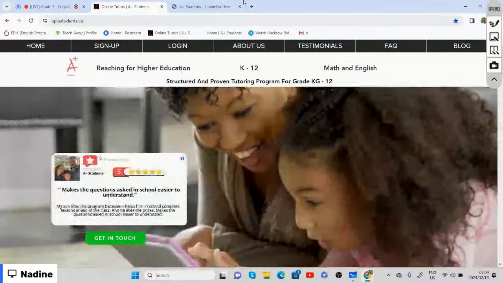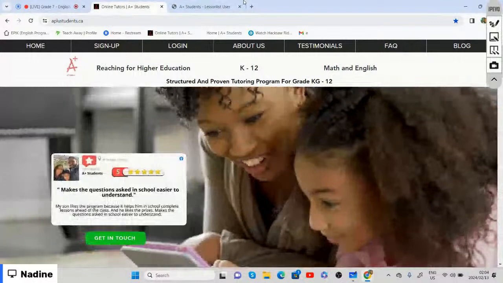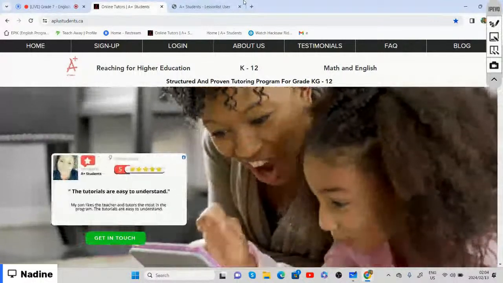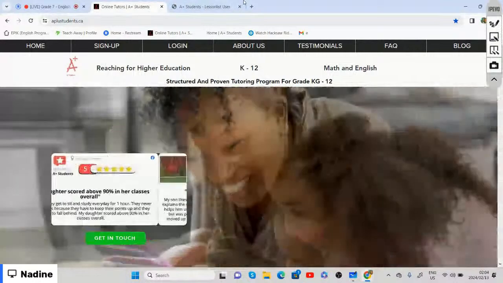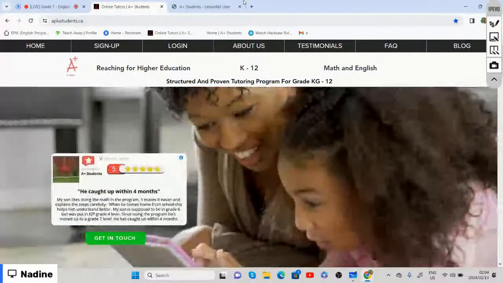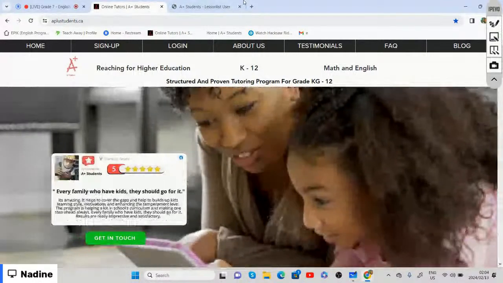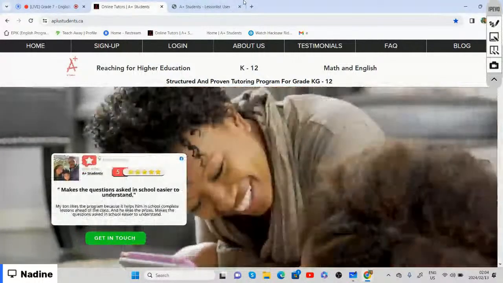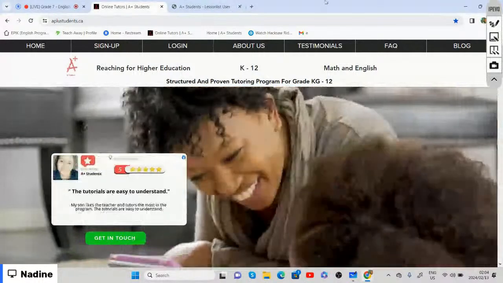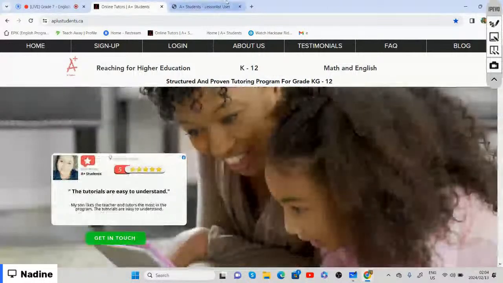Then we're going to select the subject of language arts, grade 7, and scroll down until we get to our chapter of sentence creation.